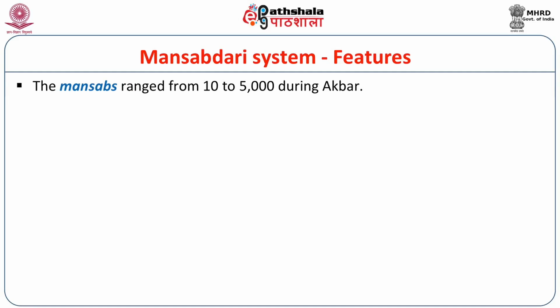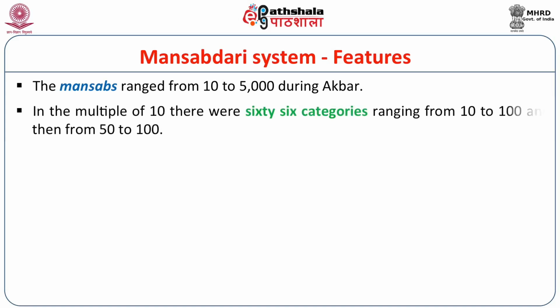The mansabs ranged technically from 10 to 5,000 during Akbar. In multiples of 10, there were 66 categories, ranging from 10 to 100 and then from 50 to 100. Now, we have to understand that there were not exactly 66 categories; 66 was just a notional figure.